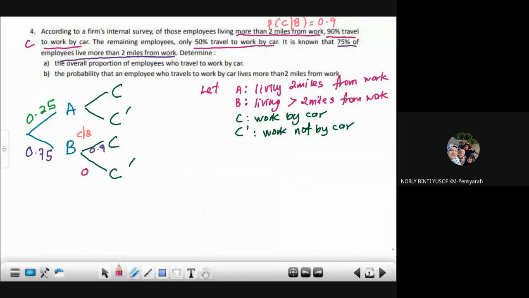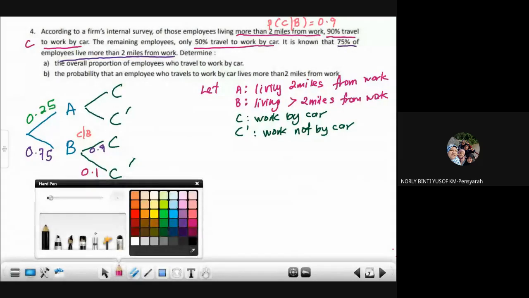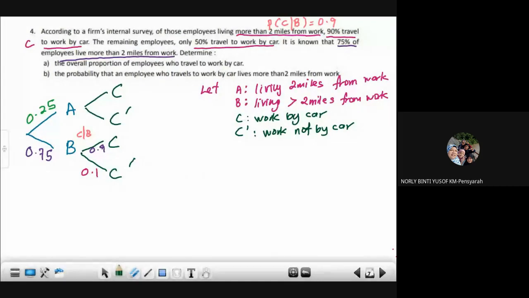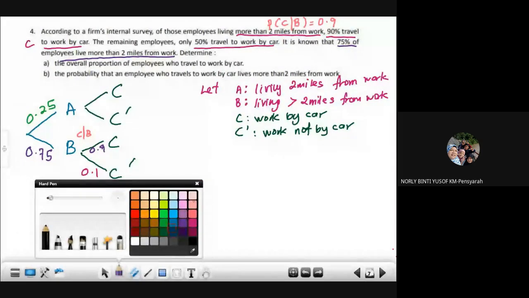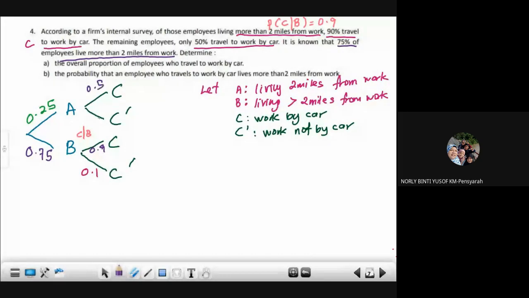Okay, so 0.1 here. Okay, lagi satu dia kata remaining employees only 50% travel by car. Work by car lah. That means baki employees you yang living 2 miles from work lah. So 0.5. So sini 0.5, sini pun 0.5. Ayat ni.